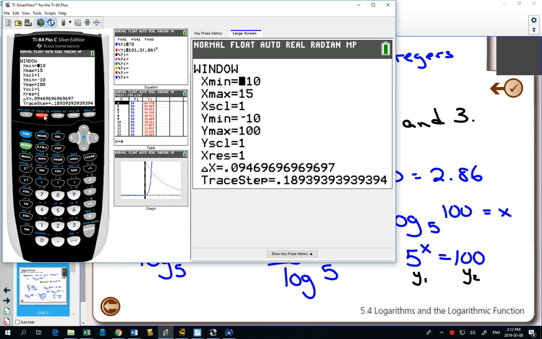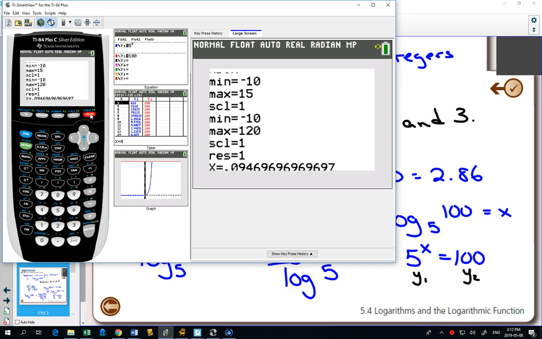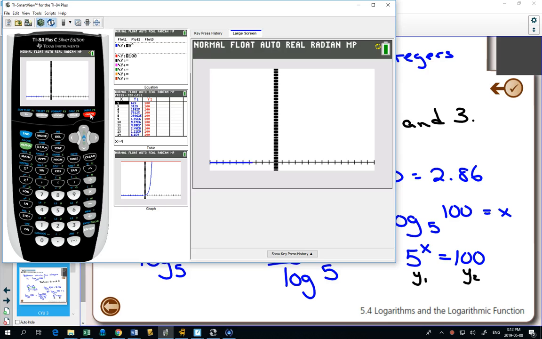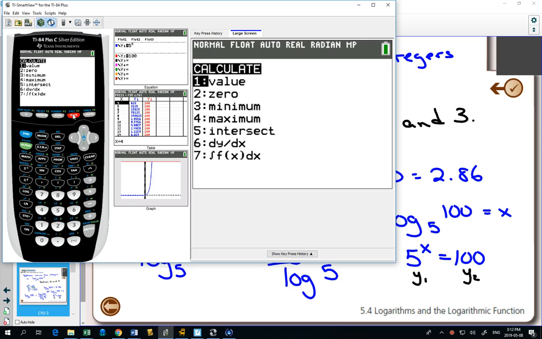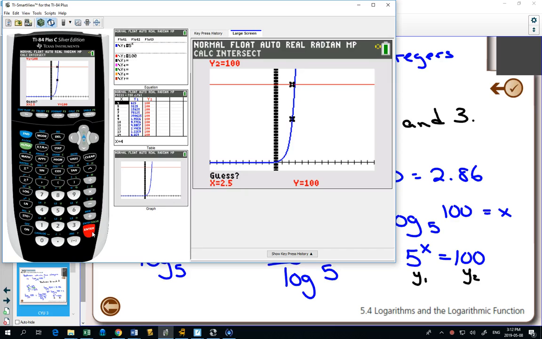Have to set up my window so that I at least see up to 100, so I'll make it go to 120. Hit graph, and they should intersect at 2.86. So we can go second, calculate, intersect, enter, enter, enter. Sure enough, they intersect at 2.86.